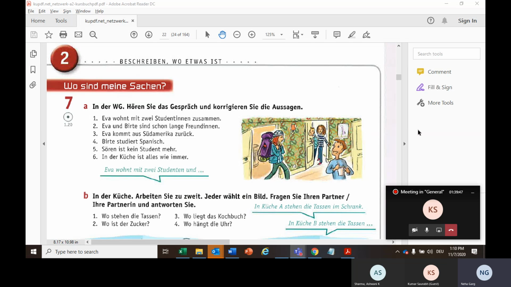Seid ihr schon fleißig? Ja, ich lerne schon für eine Prüfung. Ich studiere Geschichte und Politik und nächste Woche geht das Semester los. Und du, Sören? Ich jobbe im Moment noch, aber nächste Woche beginnt auch bei mir das Semester. Ich studiere an der Technischen Uni Informatik. Ah, dann kannst du mir bei Computerproblemen helfen. Ja, gern. Kommt, gehen wir in die Küche. Eva, trinkst du immer noch so gerne Kaffee? Klar. Willkommen in unserer Küche. Dein Lieblingsplatz. Oh ja, aber hier sieht es ja ganz anders aus. Na, wir haben etwas aufgeräumt.